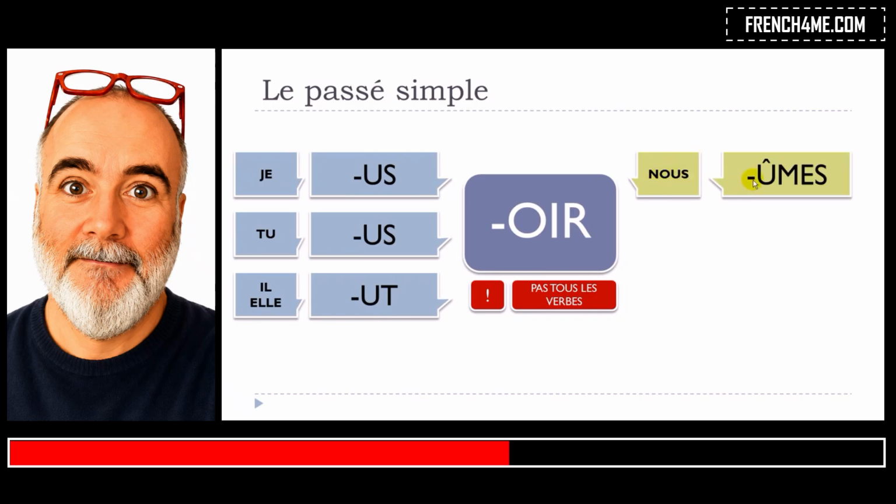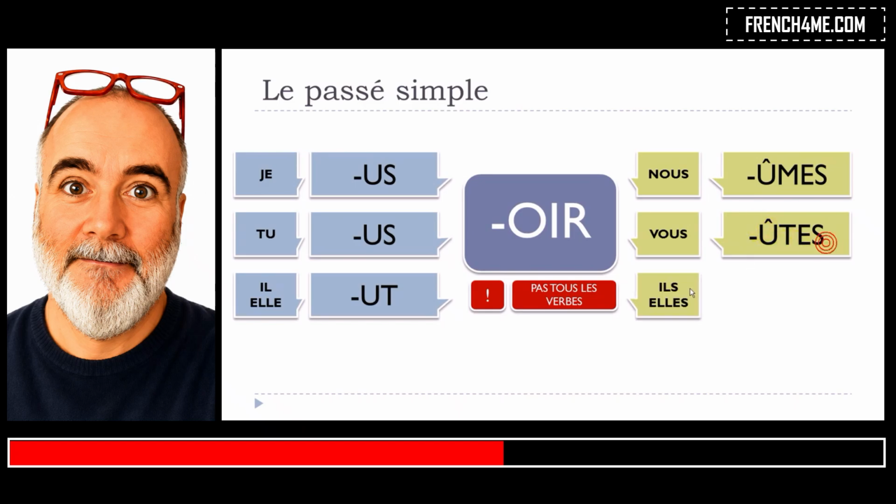Nous, ûmes, vous, ûtes, il, elle, urent. Okay, so keep in mind these endings: us, us, ut, ûmes, ûtes, urent. And we're talking about the verbs ending with OIR, but remember, not all the verbs.